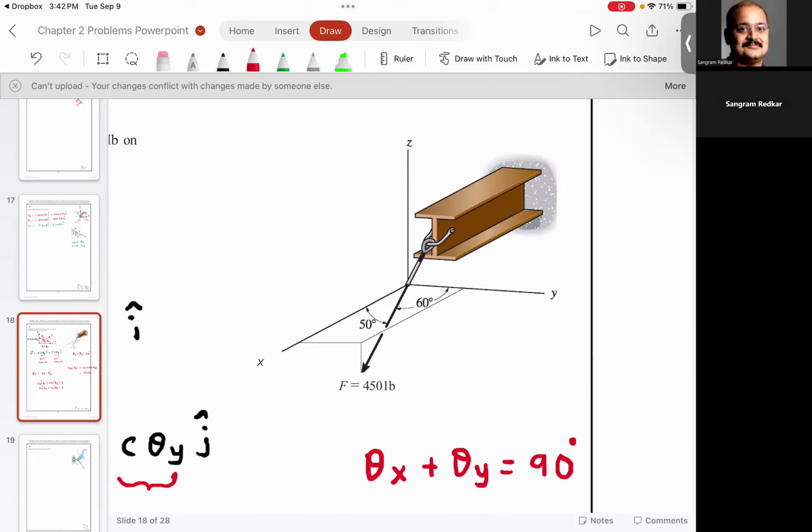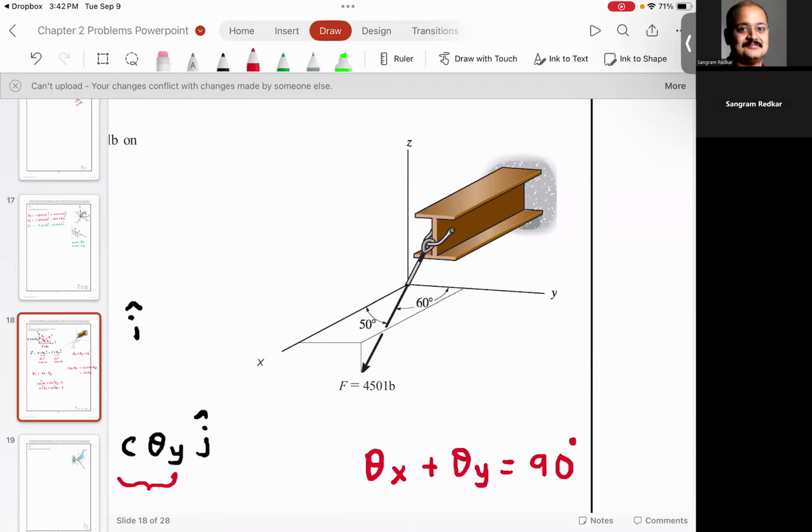You agree with me? Everyone? With me? You see the angle made by this force with the positive y-axis. But have they given us the angle made by this force with respect to positive z-axis? No.